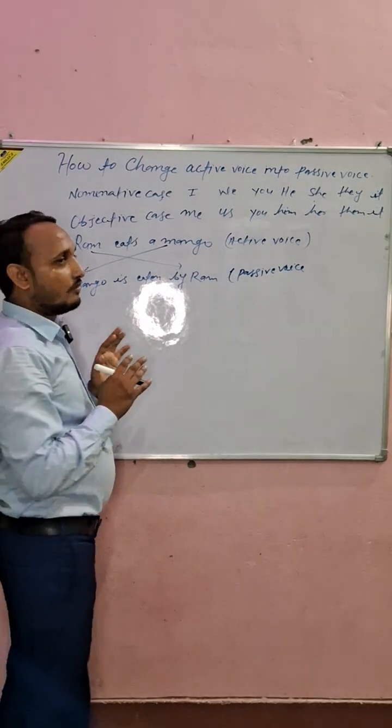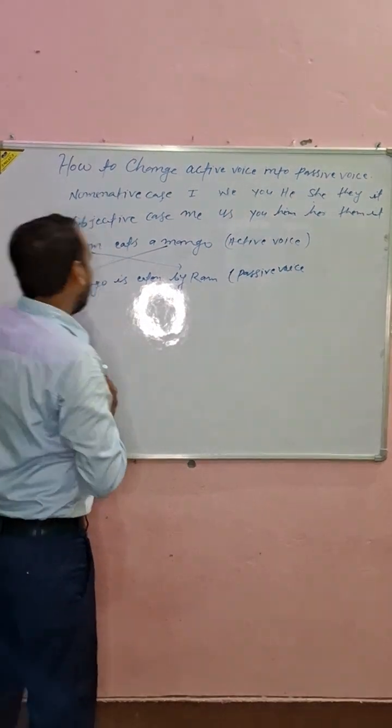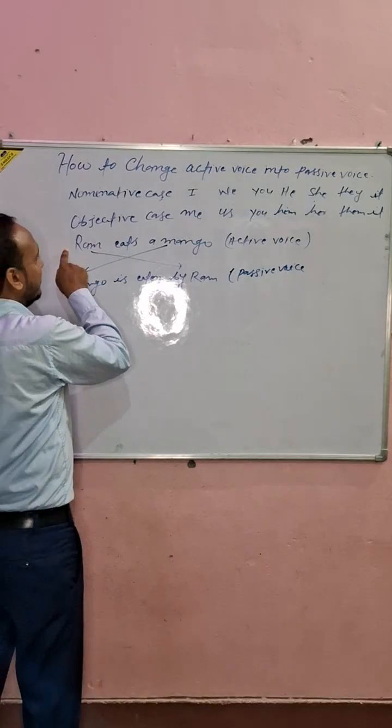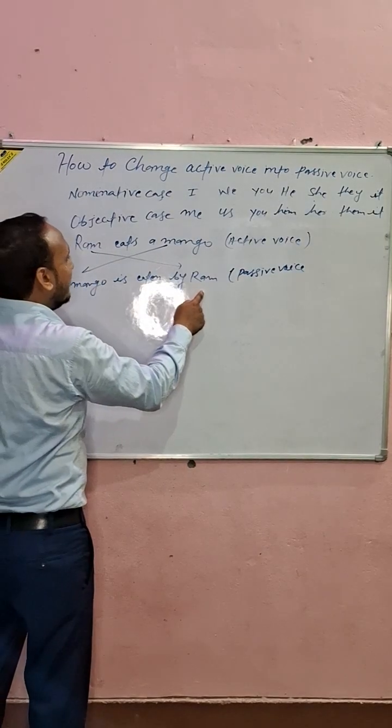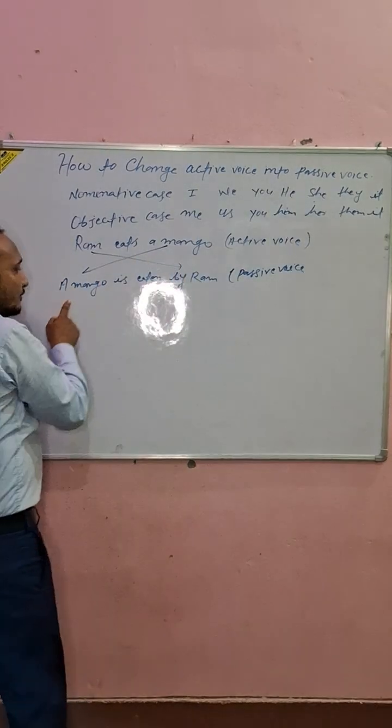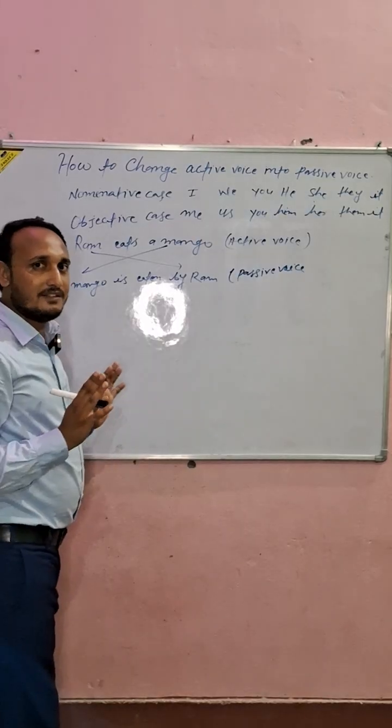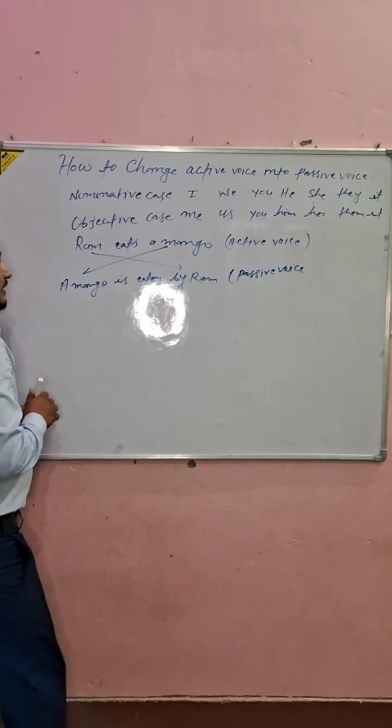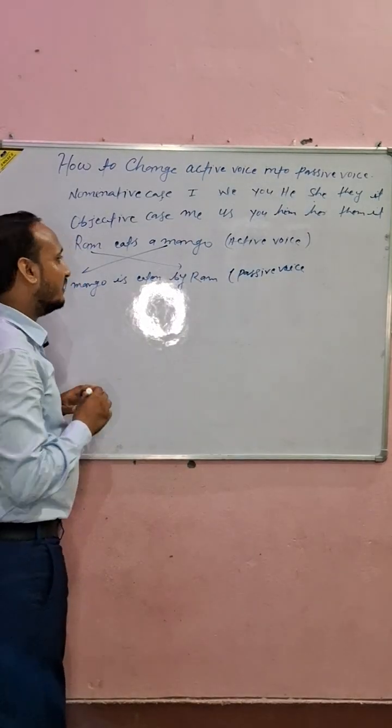This is the cross method. So we remember subject to object and object to subject. This is known as the cross method.